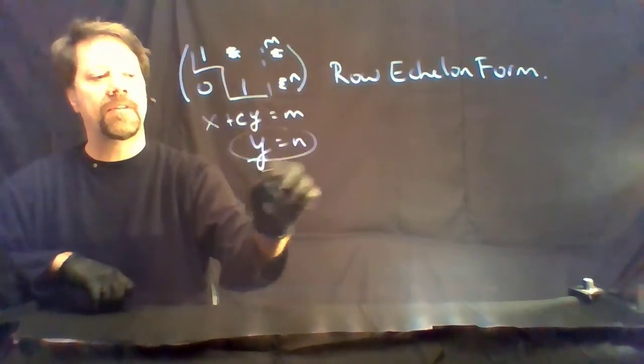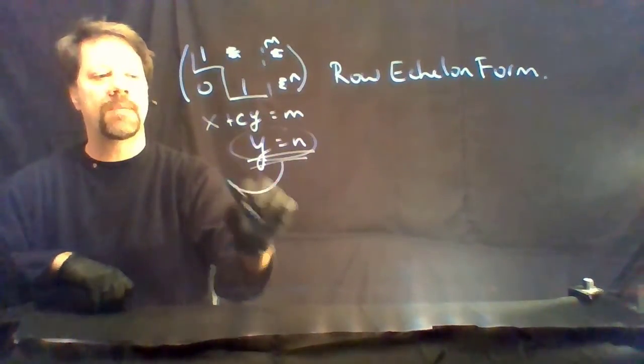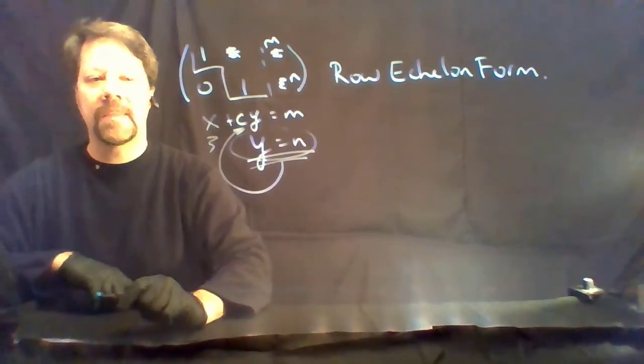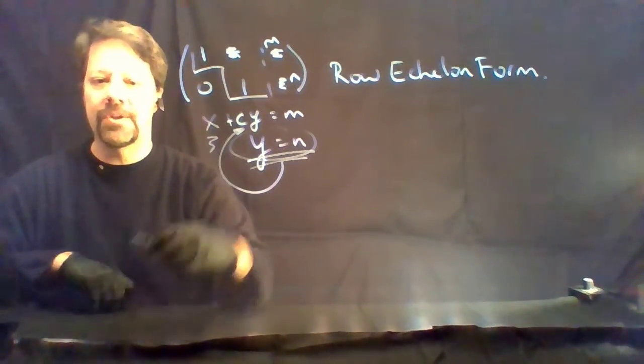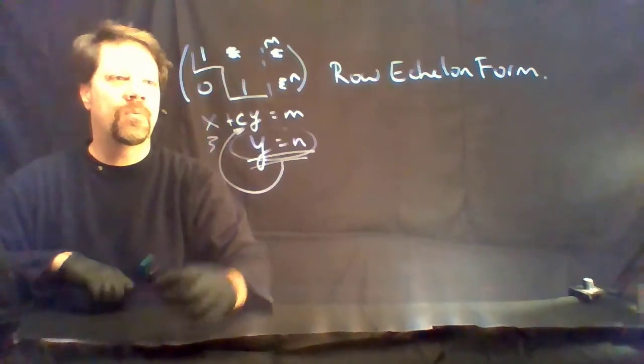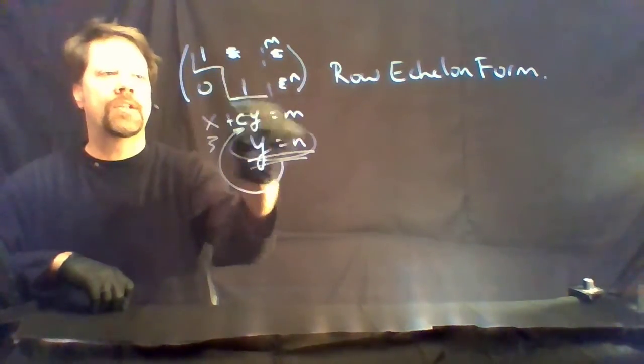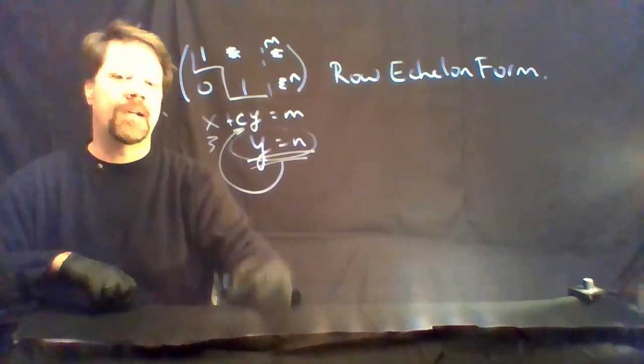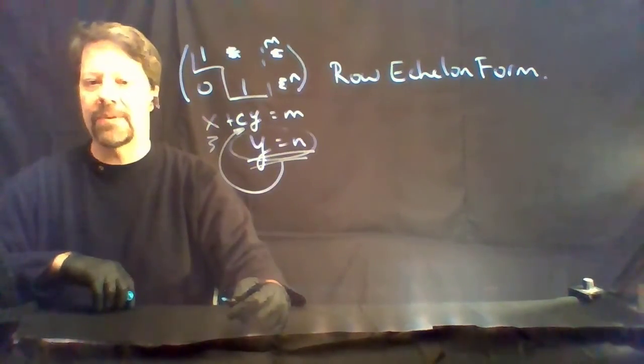However, once you've found what the y variable is, you can substitute back into the previous equation and then solve for x. This is called backward substitution or back substitution. When you work towards row echelon form and then use back substitution, you're performing a process called Gaussian elimination with backward substitution.